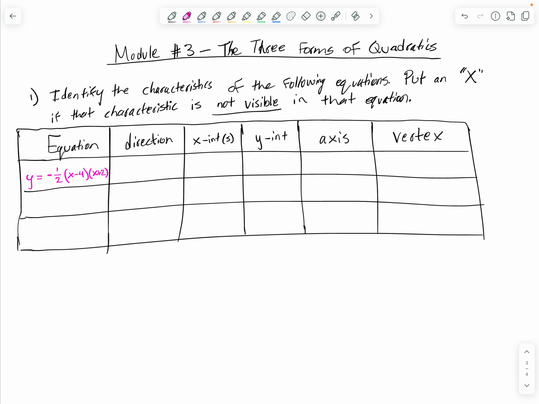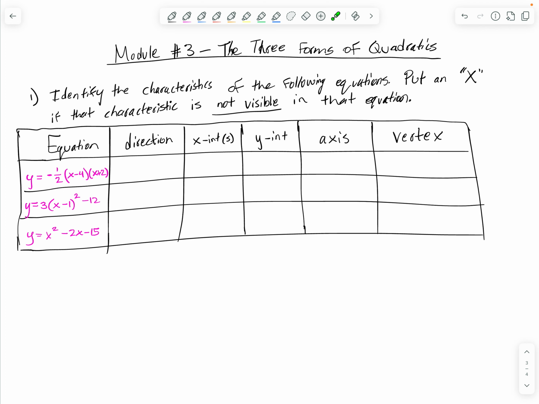I have another one, which is y equals 3 times x minus 1 squared, minus 12. And then I have another one, which is y equals x squared minus 2x minus 15.